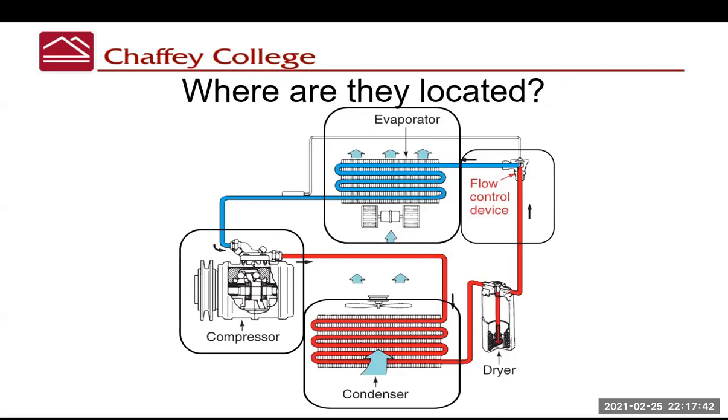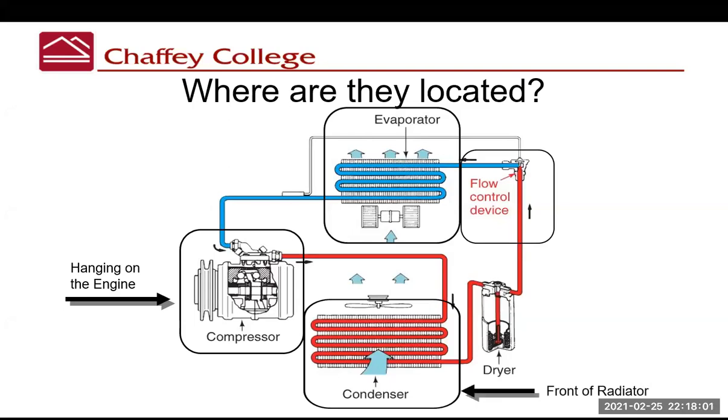Where are they located? Well, the compressor, that's usually hanging on the engine. It's run by a belt. Hybrid vehicles have electric compressors, so they don't use a belt, or electric vehicles have electric compressors. Some hybrids do. The condenser, that's in the front of the car. It's usually in front of the radiator. It looks a lot like the radiator.